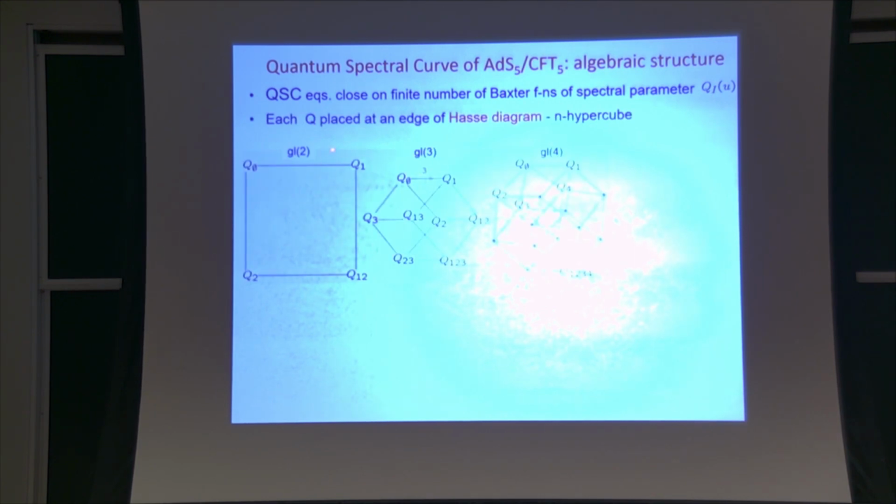The labeling can be described by a so-called Hasse diagram, which for gl(n) type algebras is an n-dimensional hypercube. For example, for gl(2), you have Q empty set in one corner. Then its neighbors are Q1 and Q2.